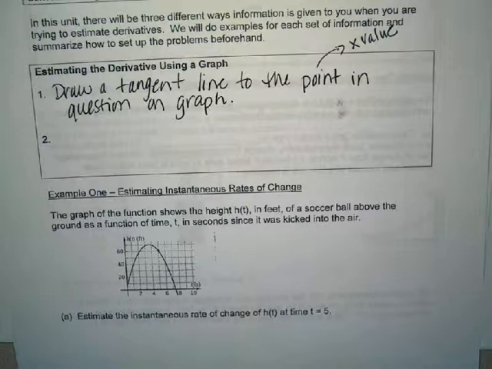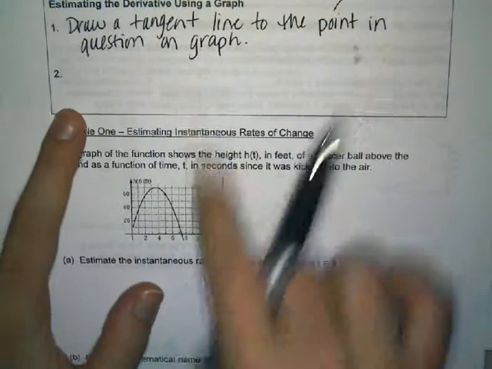Okay? It's difficult to estimate slope if you don't have boxes in the graph. So a lot of the times I give you ones to estimate slope, I will give you one that has grids.